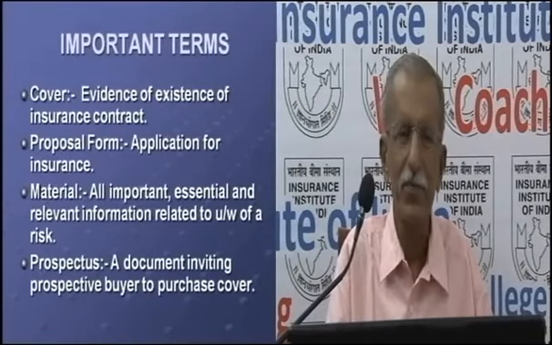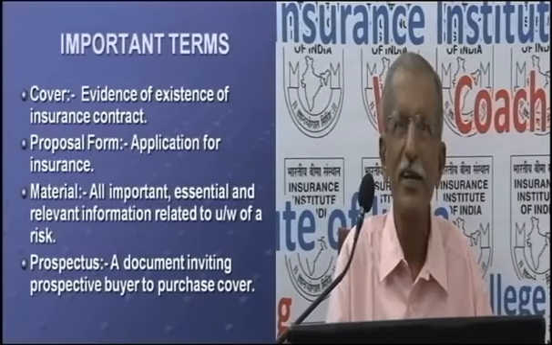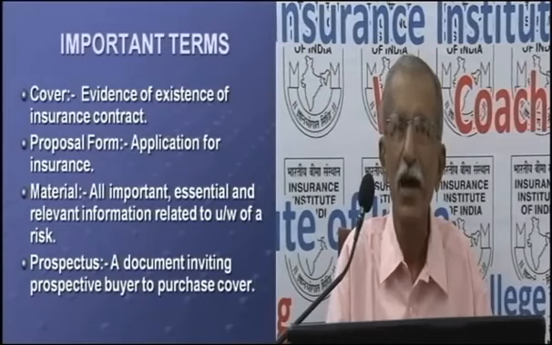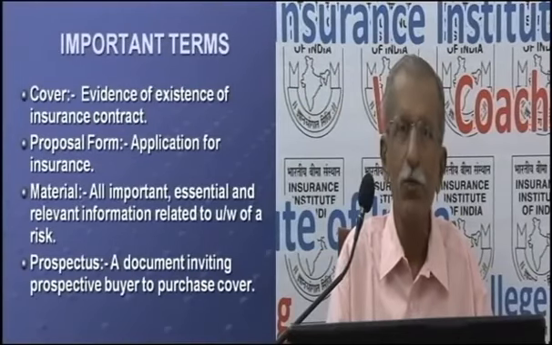Material. It is about material fact. All important, essential and relevant information related to underwriting of a risk. So whatever the underwriter feels is important information to underwrite the risk is a material fact or material information. Prospectus is sales literature.